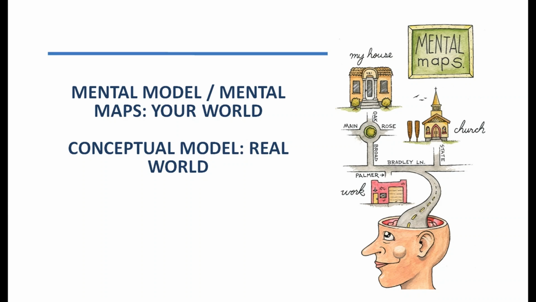Now, in the current scenario, if you want to look for an address, or if anybody wants to come to your address, you are dependent on Google Maps. Now these Google Maps are actually conceptual models. They represent the real-world scenario. They are not mental maps. So from mental maps, you are slowly advancing and coming to the conceptual model.